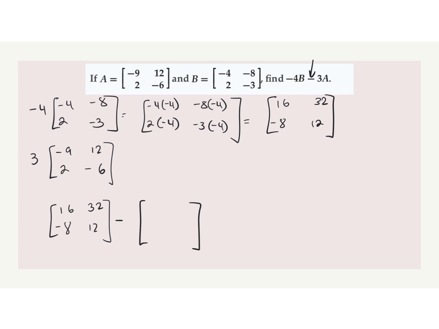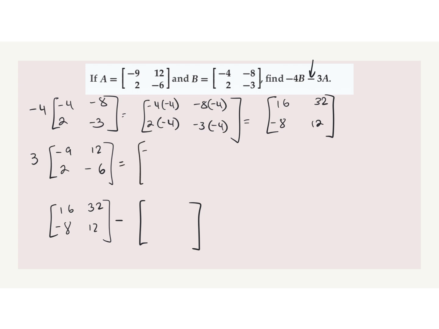But if you do minus or times negative 3A, if you do the negative here, this has to become positive. So just make sure you understand that if you do a negative 3, it's going to be adding the matrices. If you do just positive 3, it's going to be subtracting. I'm going to do positive 3 for now to deal with the negative later.